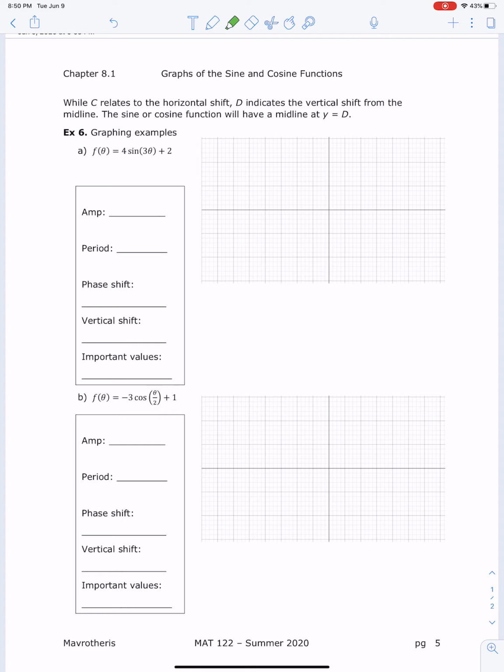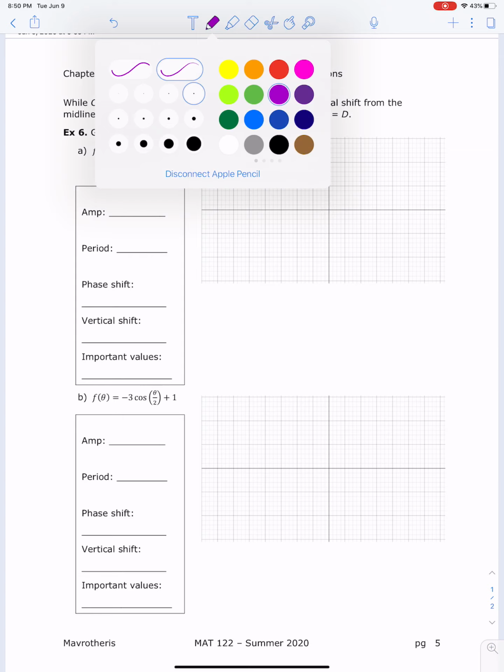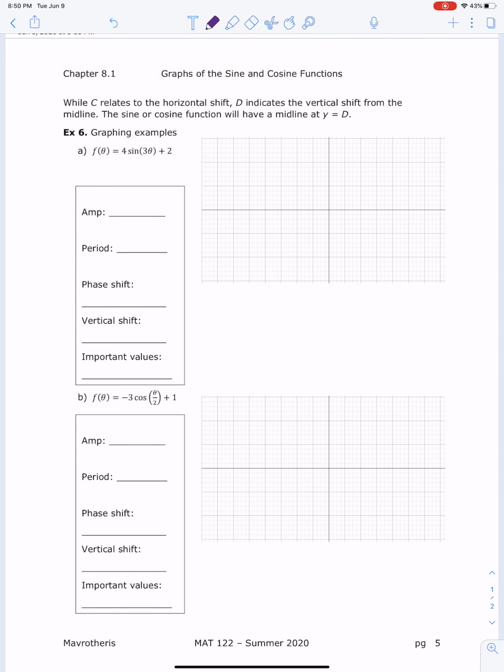Okay, so let's start with what we've got here on exercise 6A. The amplitude is that number out front right here. And so we've got an amplitude of 4 in our function f of theta equals 4 times the sine of 3 theta plus 2.